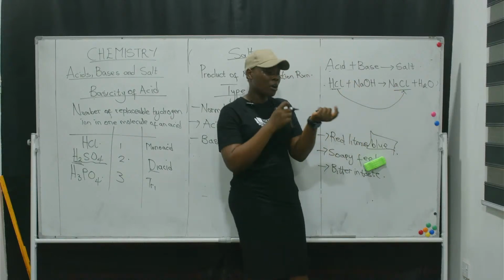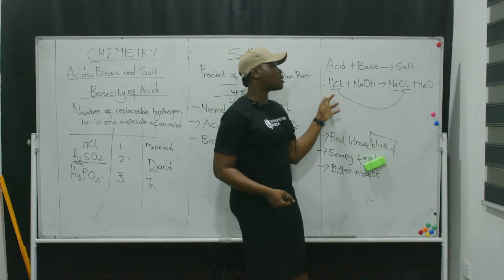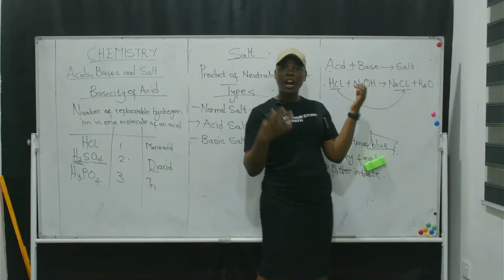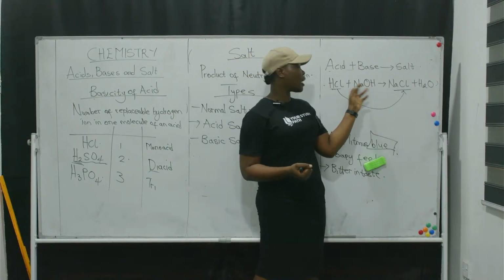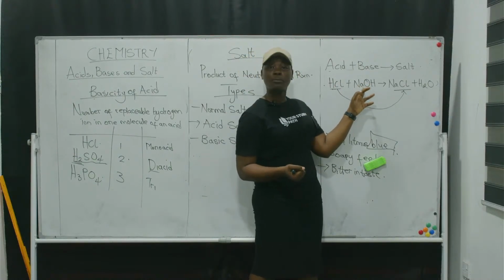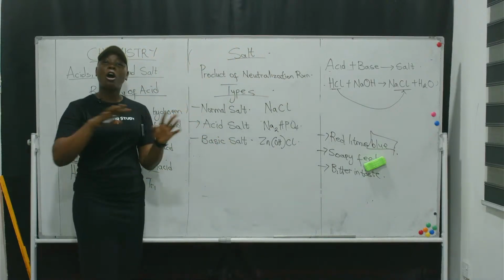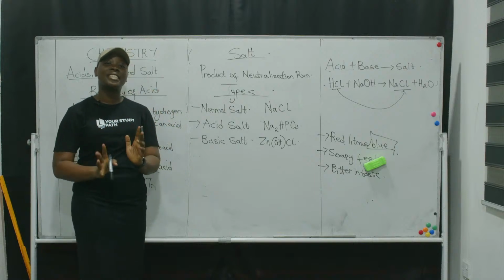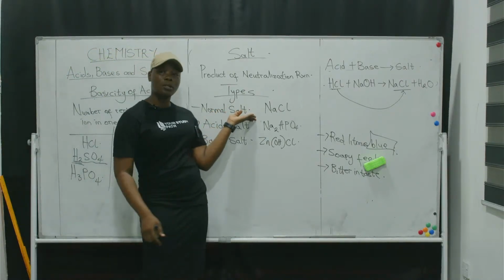And we know sodium, being in group 1, is a metal. So here, the hydrogen has been replaced completely by the metal ion. And where did the metal ion come from? From the base, right? And so for normal salt, all of the hydrogen ions would be replaced by the metallic ion in the base to give the normal salt.